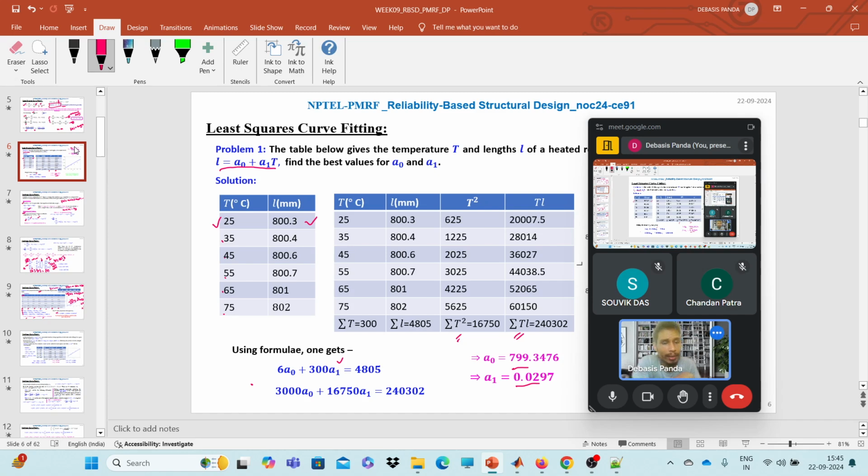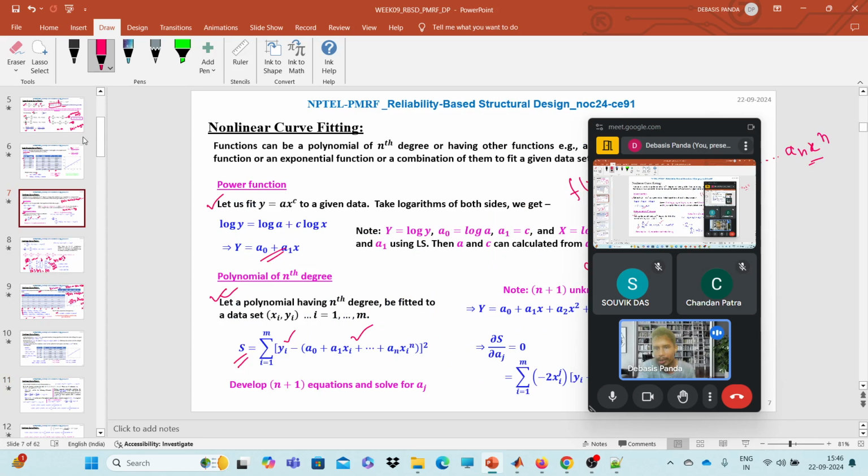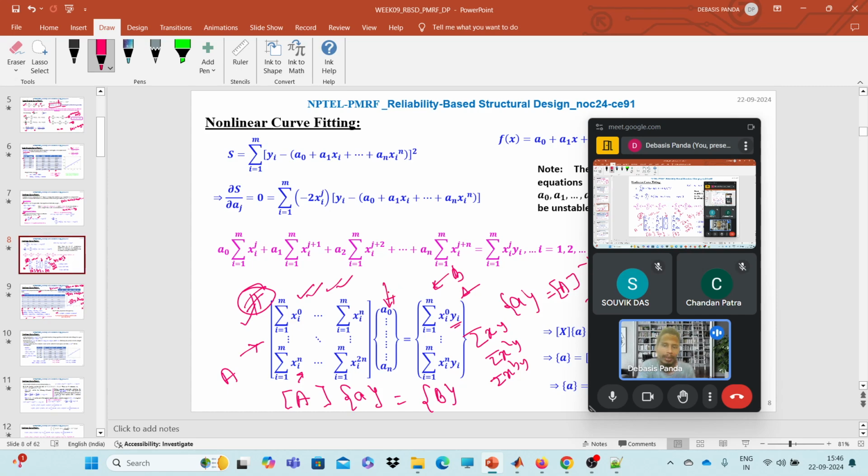Square the error, because we need the absolute error. Then sum them up and minimize the error. When we do the minimization, we get the normal equations. If we solve the normal equations, we easily get the values of the coefficients.